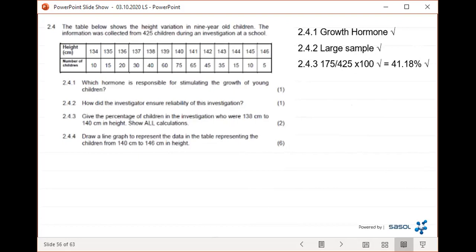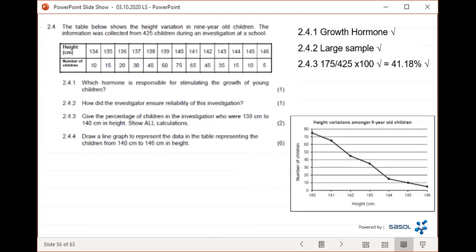Then we multiply by 100 to get our percentage, and the percentage is 41.18%. So you get your mark for showing how you did the calculation and your mark for the answer. Then we move on to question 2.4.4. Draw a line graph to represent the data in the table representing the children from 140 centimeters to 146 centimeters in height, and that is for 6 marks.